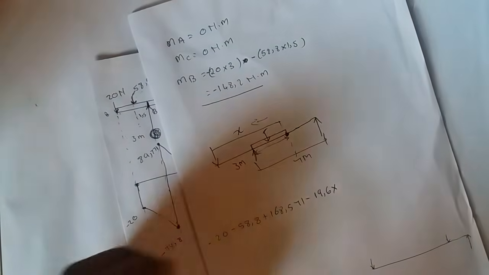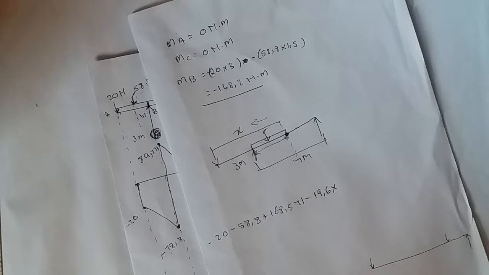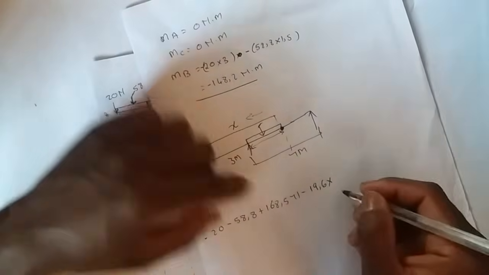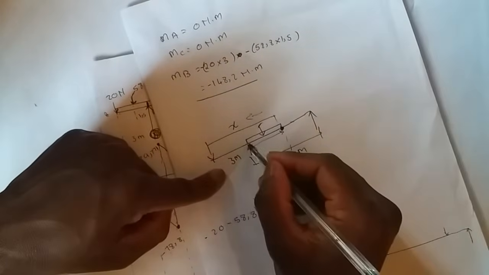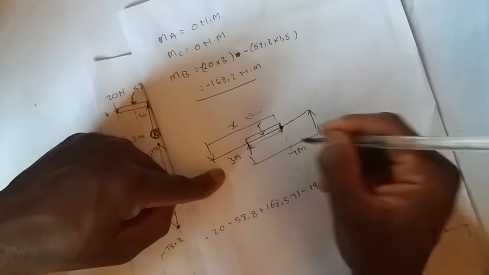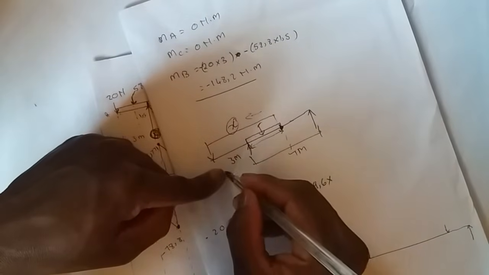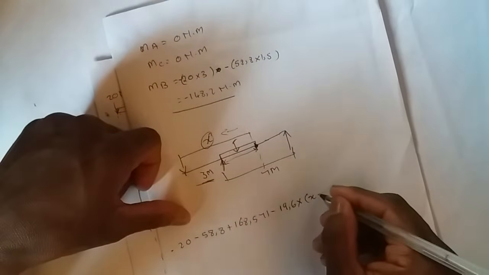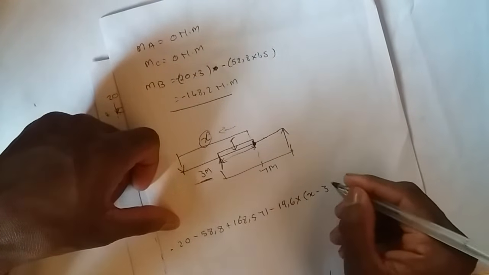times, we will have to multiply it by the distance so that we are able to get its magnitude. We will say the distance from here to here will be x divided by this portion, which is 3. And then we say x divided by 3.